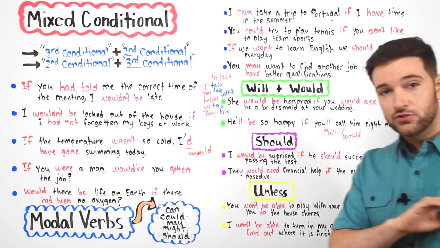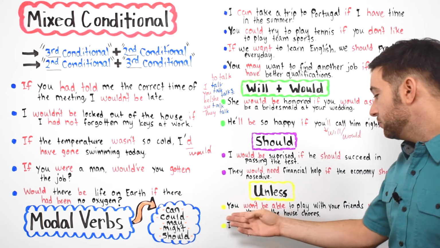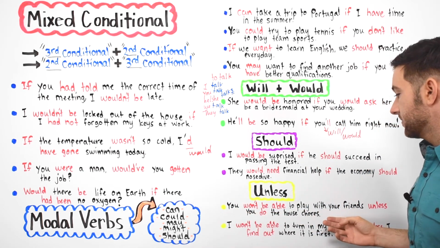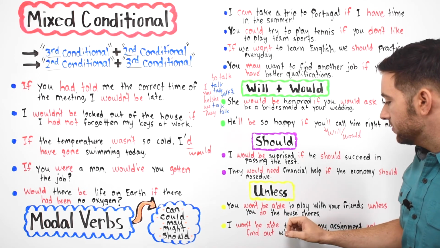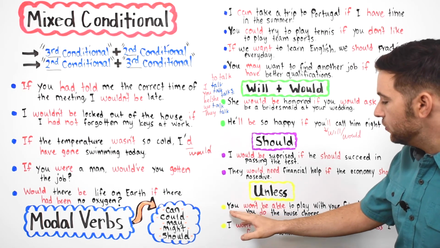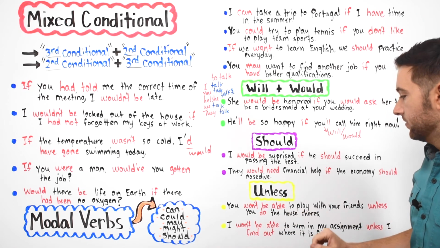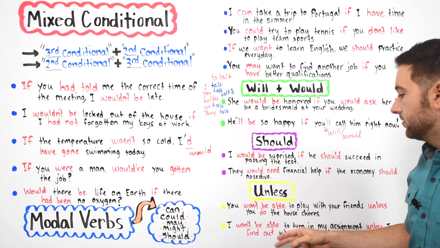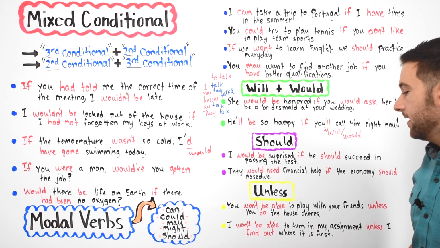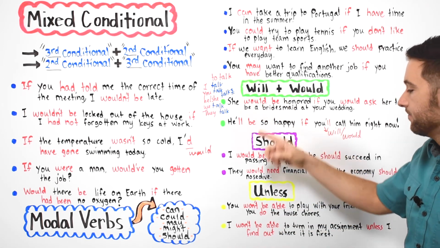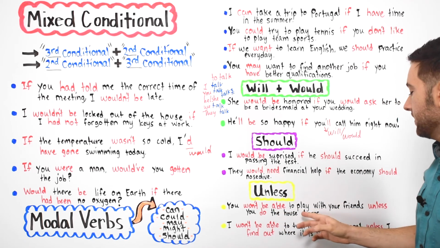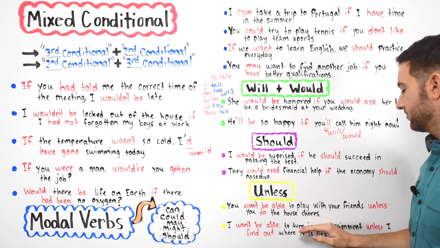If you do not do the house chores, guys, you won't be able to play with your friends. Okay? Now remember, when we have won't be able to, it's saying you will not be able to. You won't be able to. You will not be able to. Will. You will not. Similar to here. You will not be able to play with your friends unless you do the house chores.